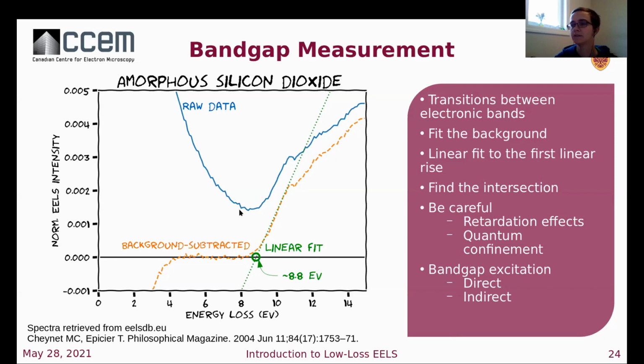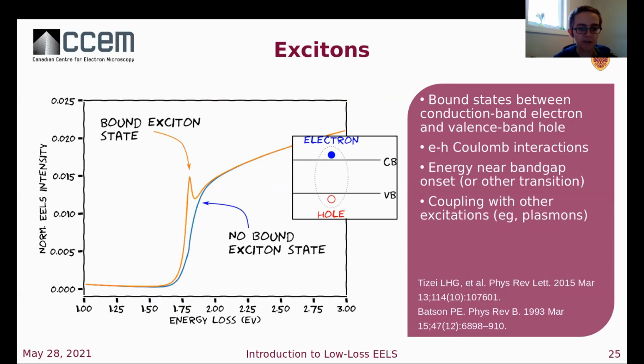Something else that may occur around the bandgap energy is an exciton. So the exciton is a bound state. It's a state where an electron is excited to the conduction band, and it is bound by Coulomb forces to a hole in the valence band. And these typically present in EELS as a strong, sharp peak at the onset of the bandgap excitation or another transition.